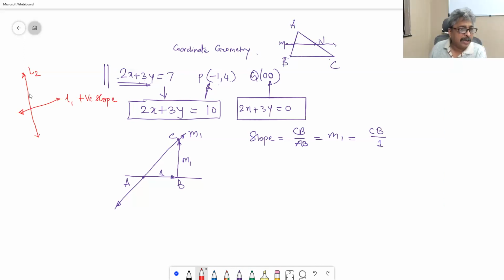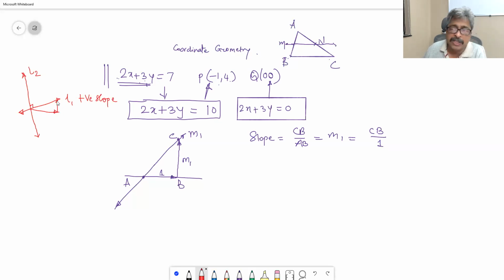Geometrically, if we draw it, it will have negative slope. Moreover, if this angle is 90 degrees, you can complete this triangle, and this distance traveled upon this distance is the slope, which is positive.